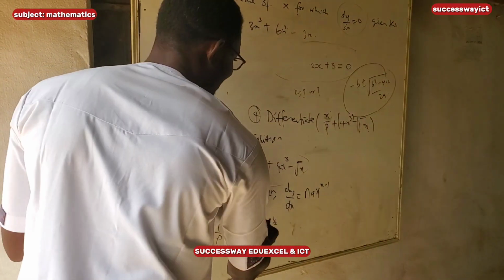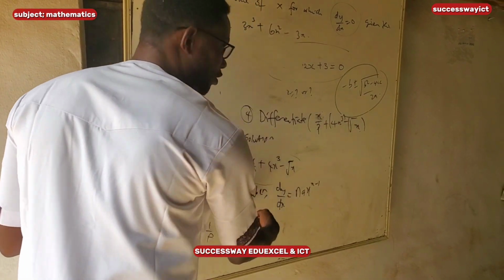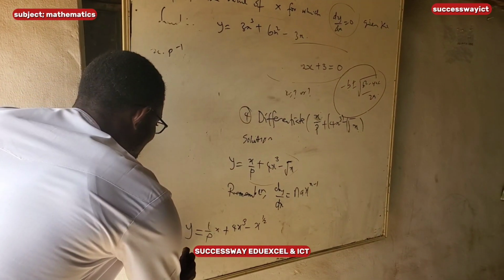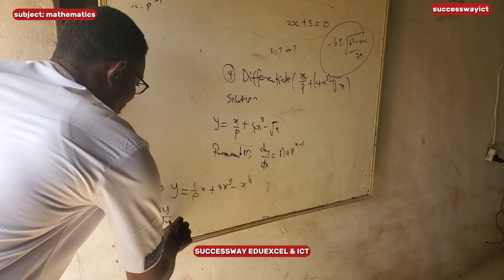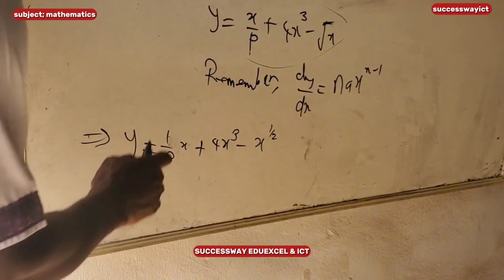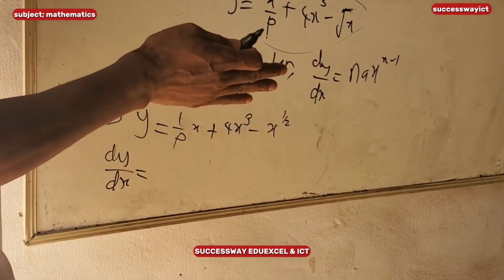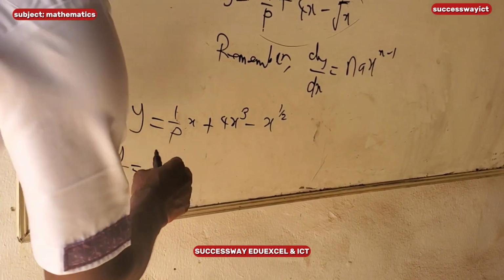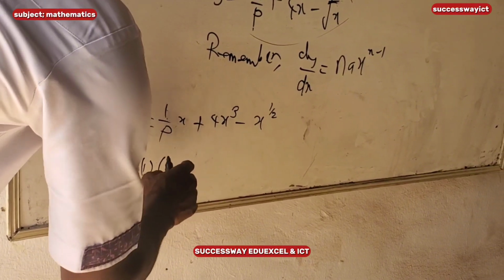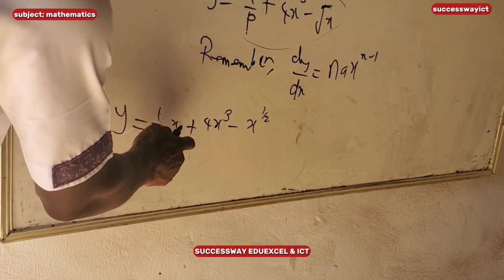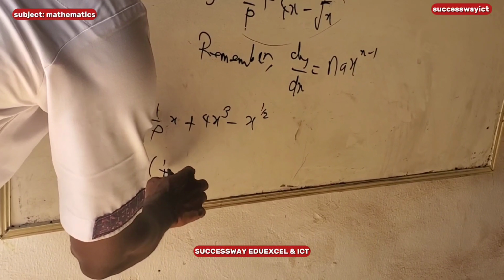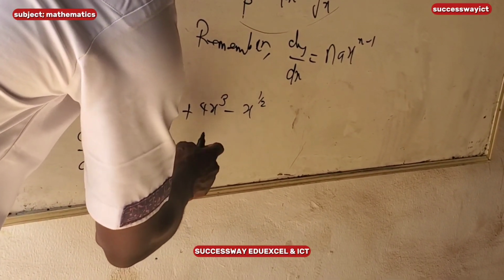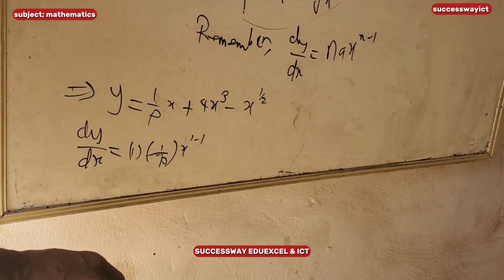So you now try to apply this rule on each of the terms in this function. This implies that dy/dx is equal to, 1 over p is the coefficient. Your n here is 1. So you have 1 multiplied by 1 over p, multiplied by x raised to the power 1 minus 1.